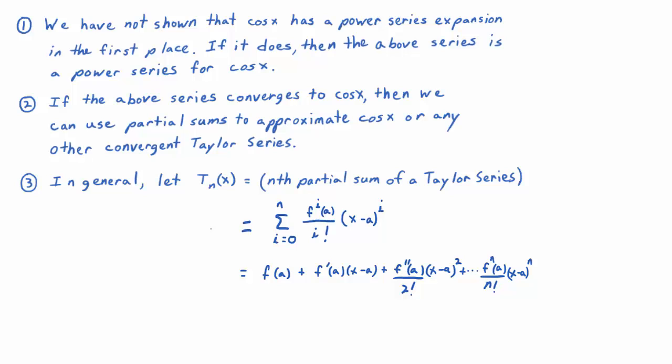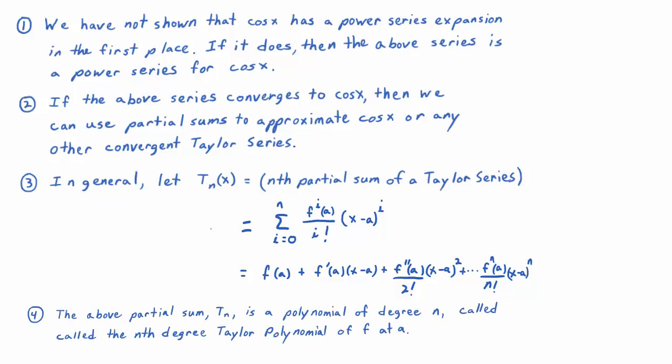And you stop it there, and you could use perhaps that polynomial to estimate, say, the cosine of x, right? The above partial sum, T sub n is what we call it, is a polynomial of degree n called the nth degree Taylor polynomial of f at a.